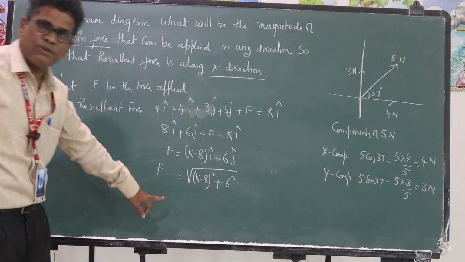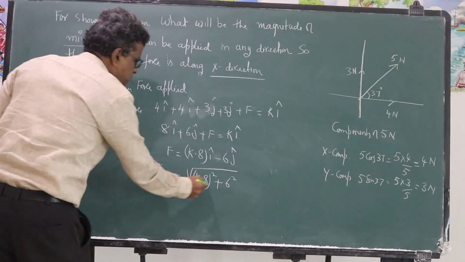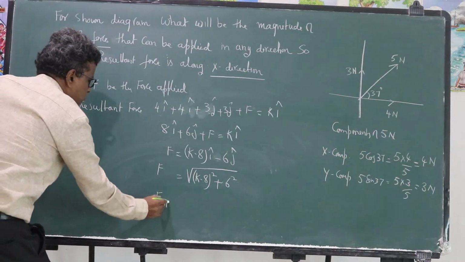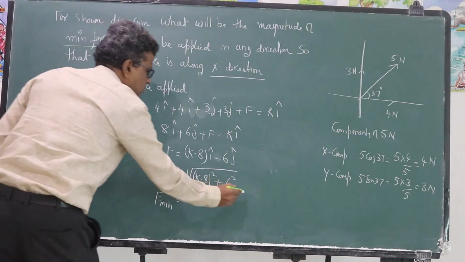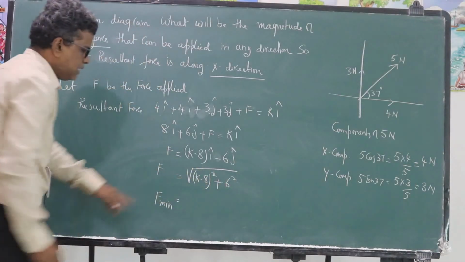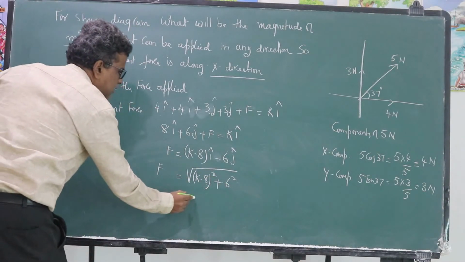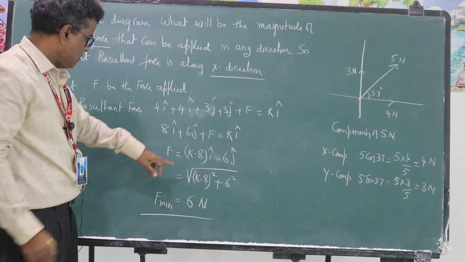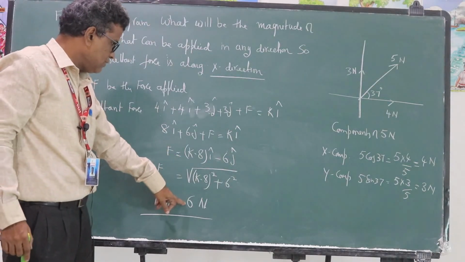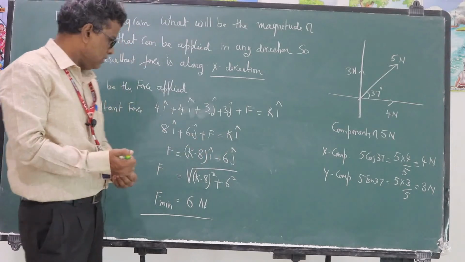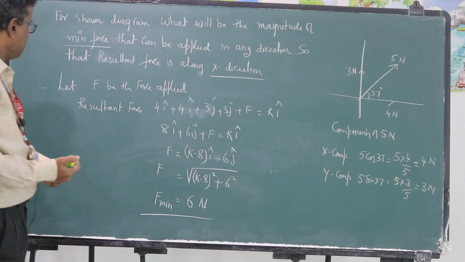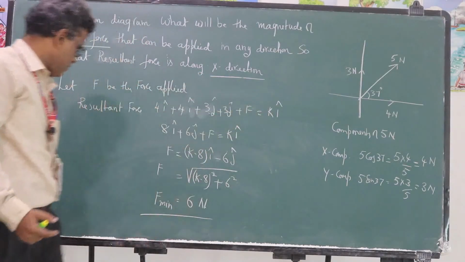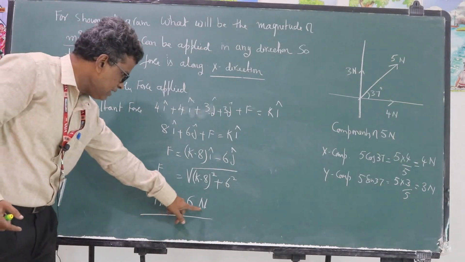This force should be minimum when the K value becomes 8. So when K is equal to 8, the x component becomes 0, and you will get 6 newtons. So the minimum force that should be applied has magnitude 6 newtons. That resultant force should be along the x direction, that is K i cap, and the minimum force should be 6 newtons.